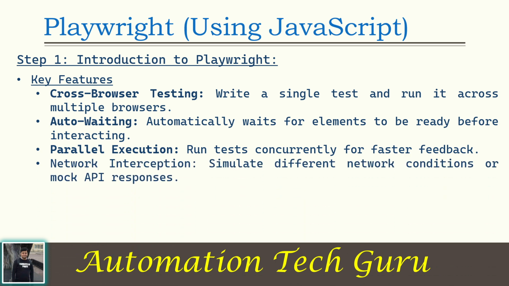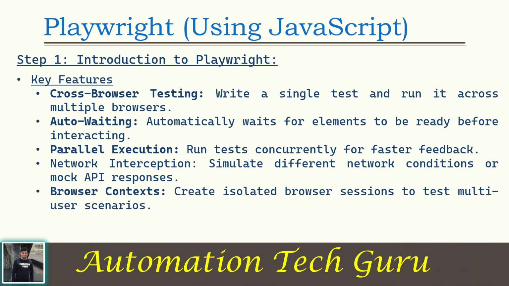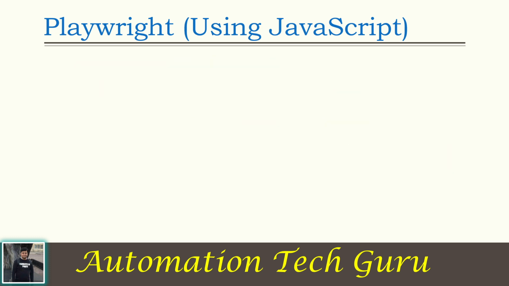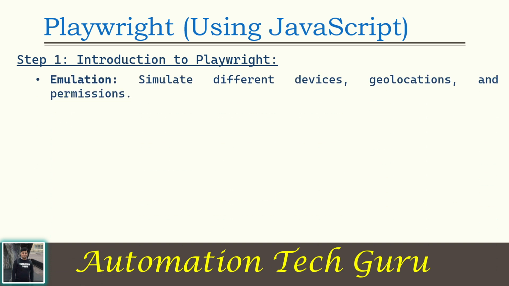Network interception: simulate different network conditions or mock API responses. Browser context: create isolated browser sessions to test multiple user scenarios. Visual testing: capture screenshots, PDFs, and videos during test execution. Emulation: simulate different devices, geolocation, and permissions.